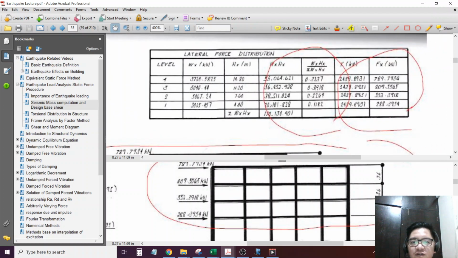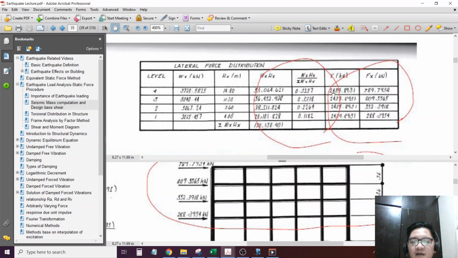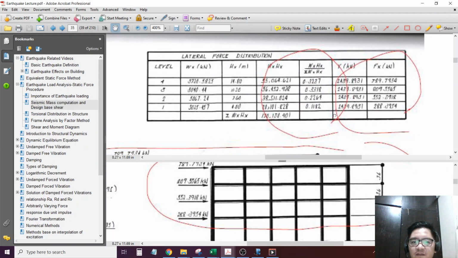Then, apply this tabulation to get the distribution ng forces vertically. For example, ito yung weight natin per floor. Ito yung height distances from the ground. For example, yung level 4, ang distance niya from the ground is 14.8. Si level 3, 11.2. Si level 2, 3.6.